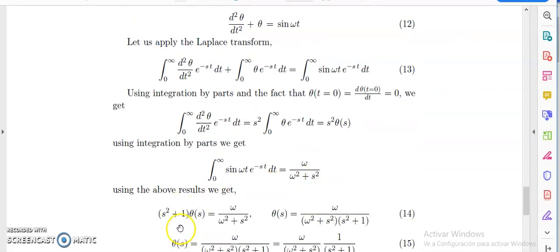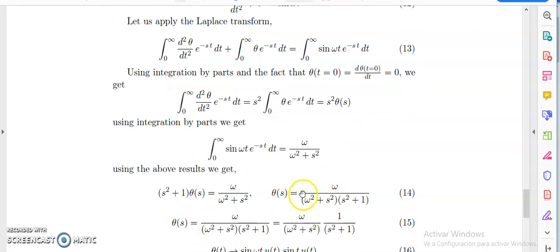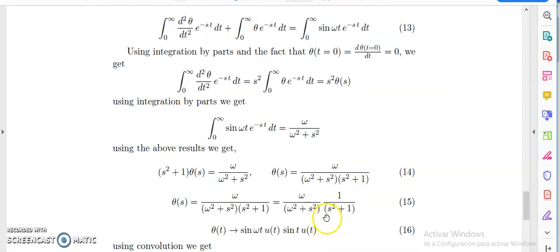If we do that, we get this. So the Laplace transform of theta, which we call theta of s, is equal to omega divided by omega squared plus s squared times s squared plus 1. This is equation 14. We can write it this way.